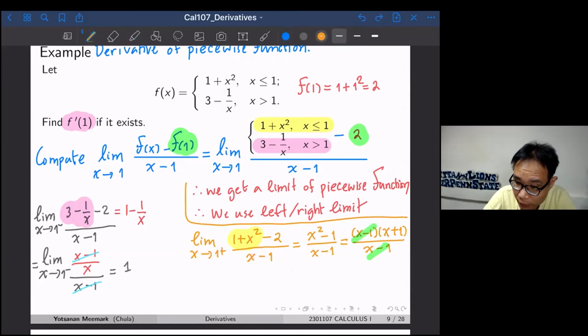Okay, so you have the limit on the left side. I made a mistake. The left side and the right side, sorry. So this one is positive. This one is the right side, sorry. And this one is the left side.